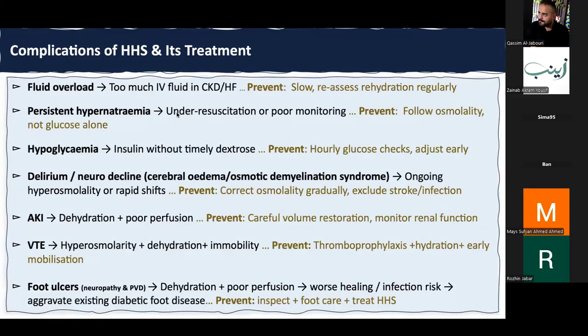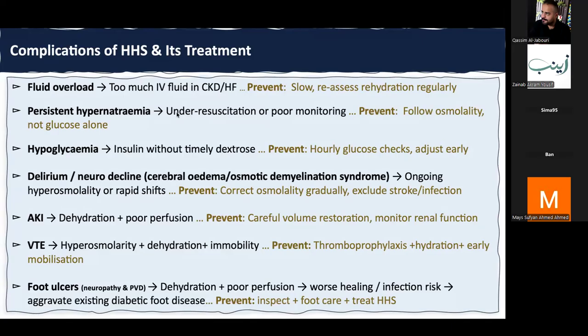Overall, we've already mentioned that. So generally, the complications of HHS, we've just mentioned them, and this is a summary: fluid overload, high persistent hypernatremia, and hypoglycemia when you overmanage with insulin without substrate or dextrose cover.